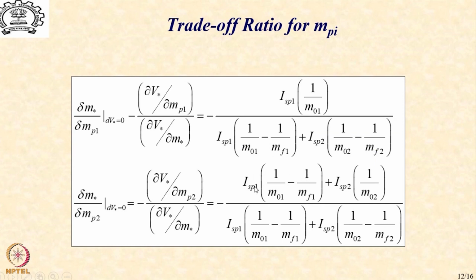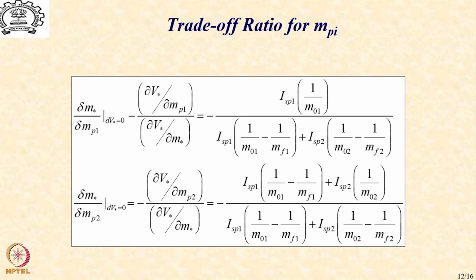An interesting feature is that Isp also directly appears in these two expressions. Now of course I could have independently generated the same sensitivities with respect to Isp by keeping both v star and m star in a particular manner.